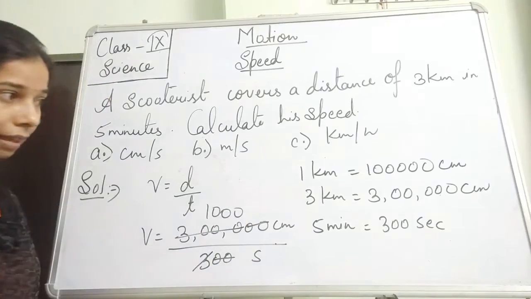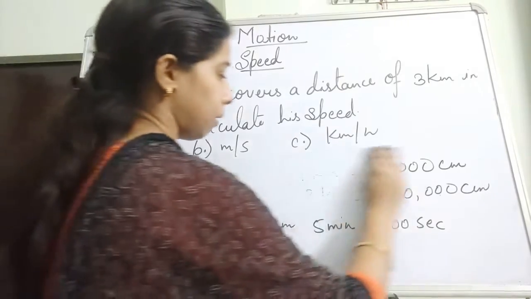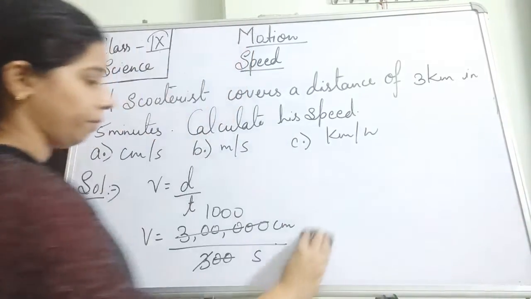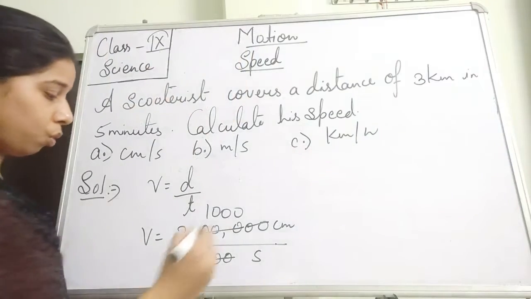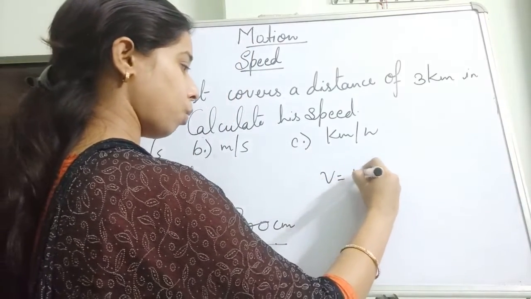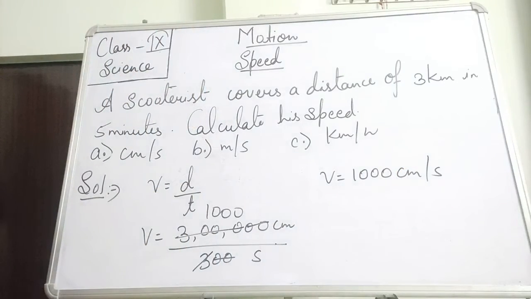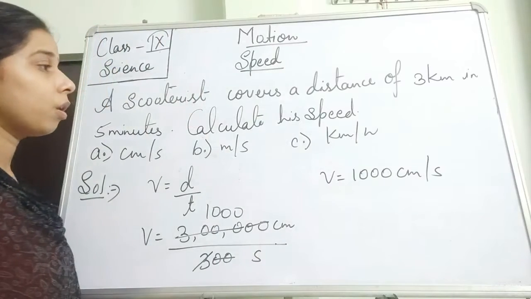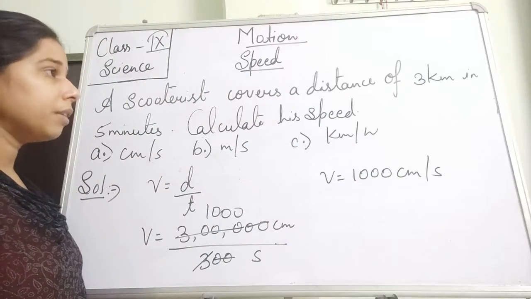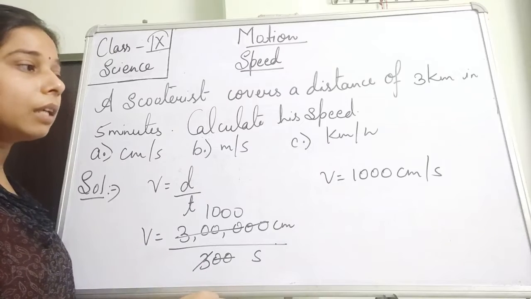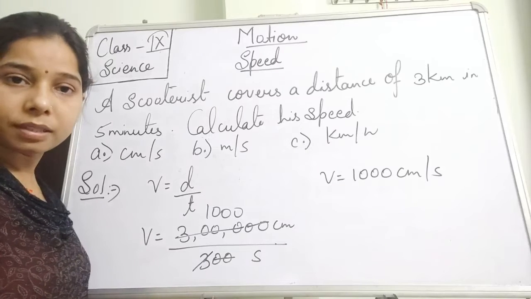So V is equal to 1000 centimeters per second. So the speed is actually 1000 centimeters per second.